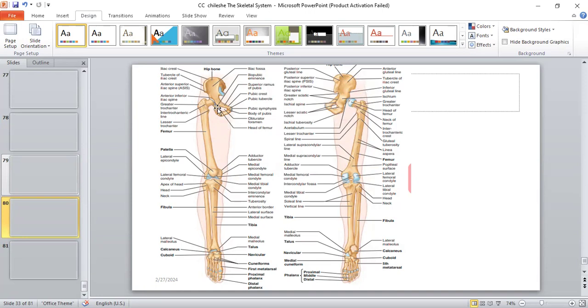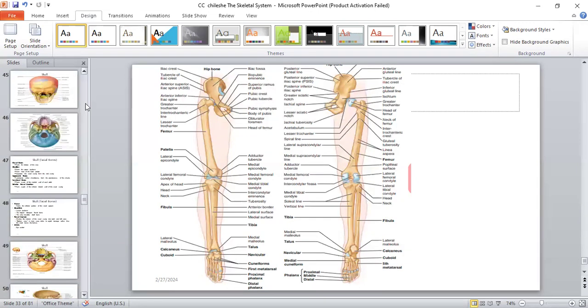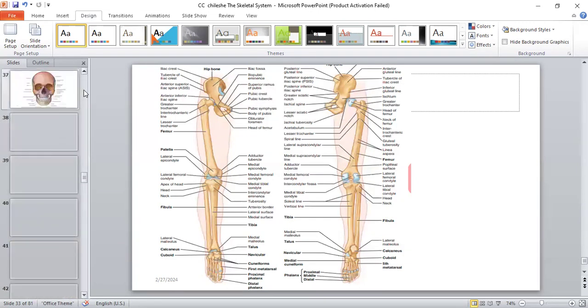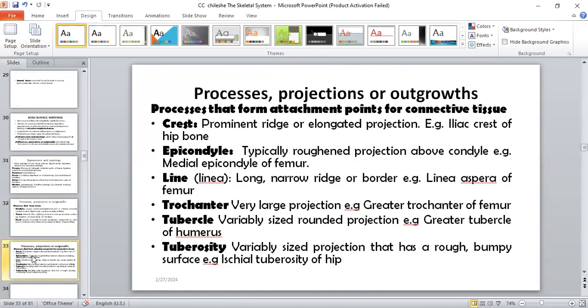So this one is showing us the head of the femur has nicely articulated with the coxal bone, the innominate bone, and that has nicely made the pelvic girdle. That is what we are talking about. That is what a head is.